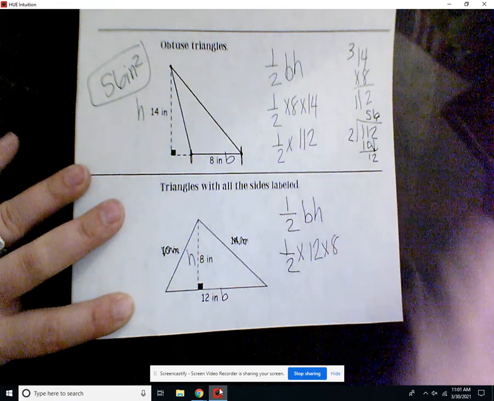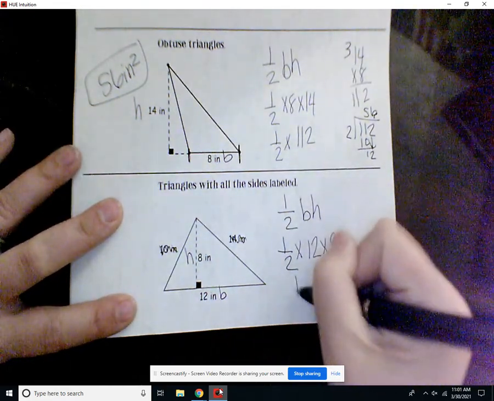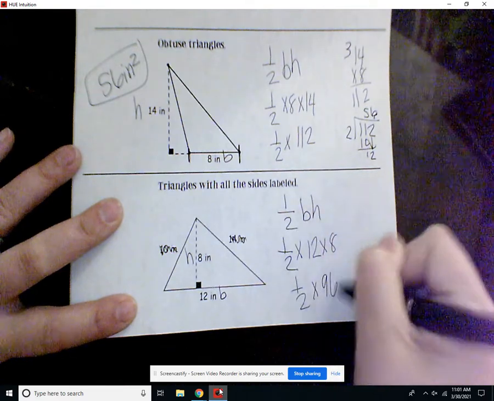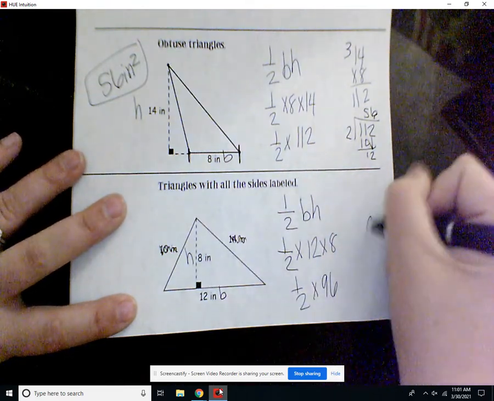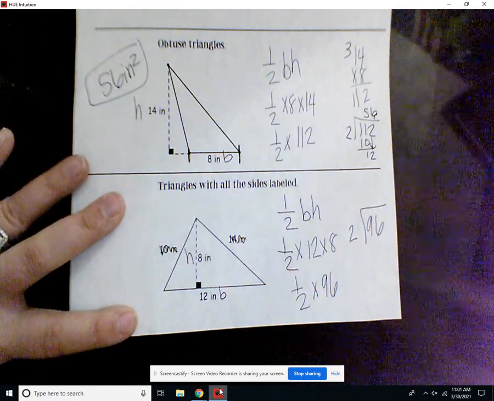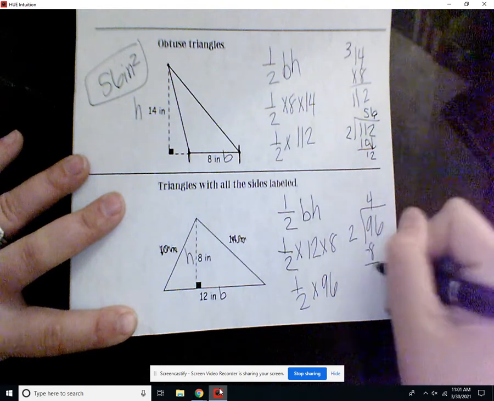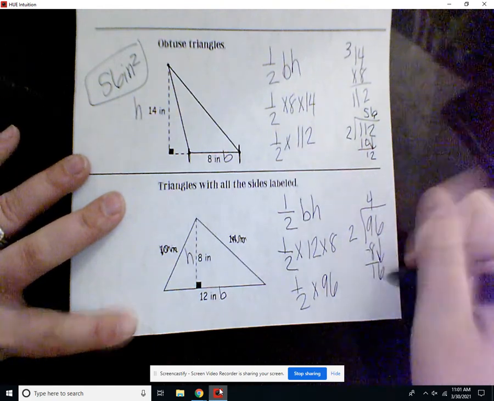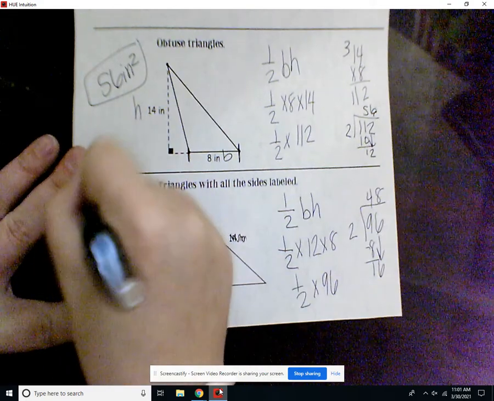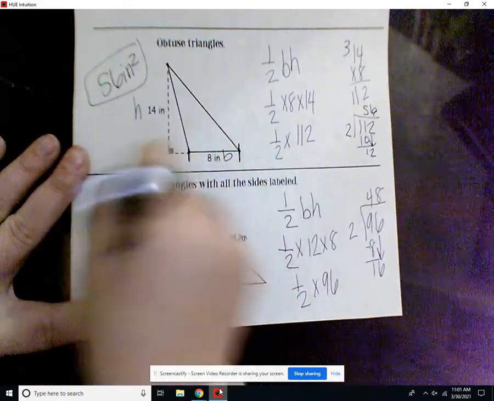There is our height, and then we're going to multiply. So 12 times 8 is 96. And then we're going to cut 96 in half. So we're going to divide that by 2, since it's a bigger number. So 2 will go into 9 4 times. And then 2 will go into 16 8 times. So we get 48 inches squared.